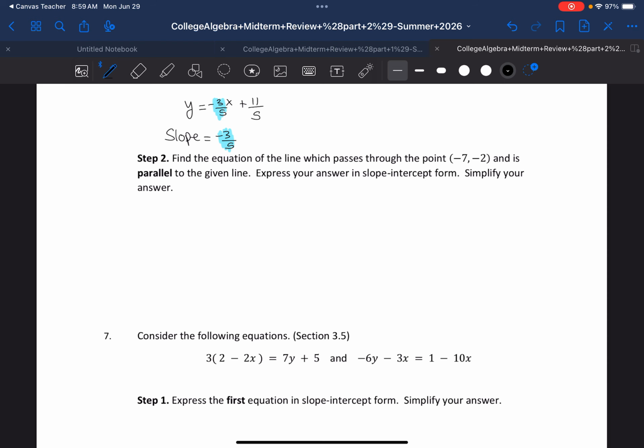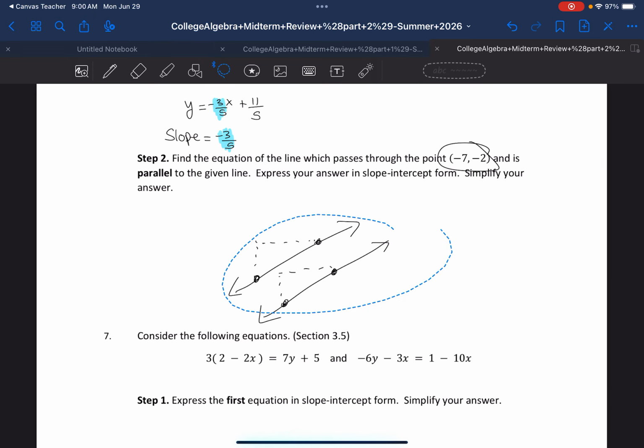Okay, so it wants me to find the equation of another line, a different line, that passes through this point, -7, -2, and is parallel to this line here. So when two lines are parallel, it means they never intersect, and it also means that they are rising and running at the same rate. So that means that they have the same slope.